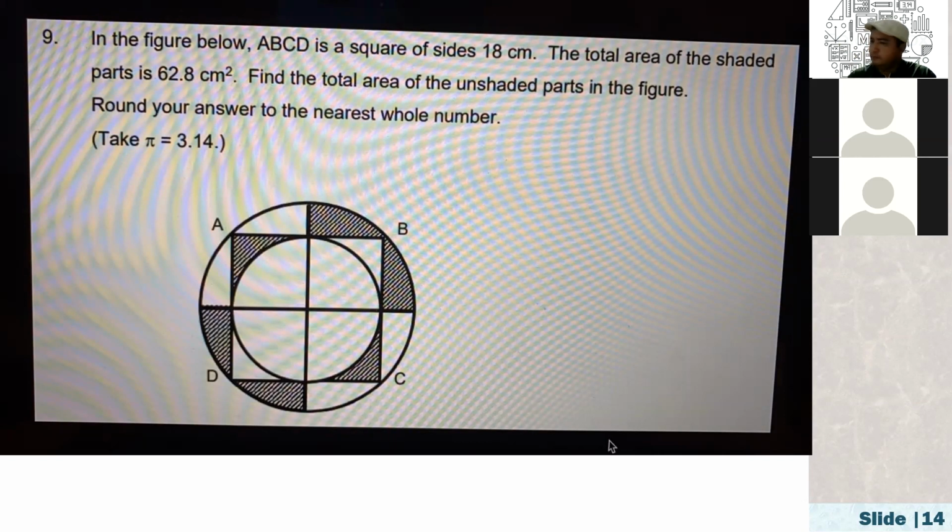Teacher, is the answer 80.8? No, the answer is greater than 200. How did you find it, Narmin? Did you find the radius of the big circle? No, I'll find it.